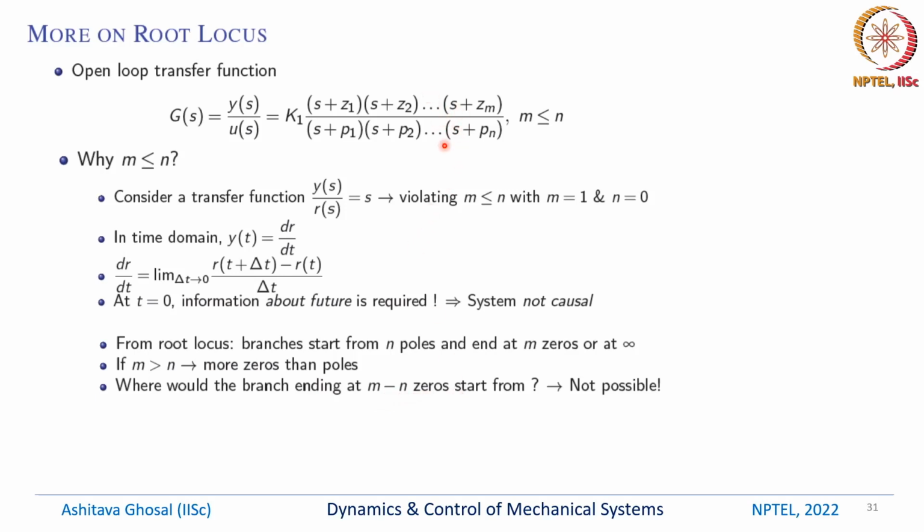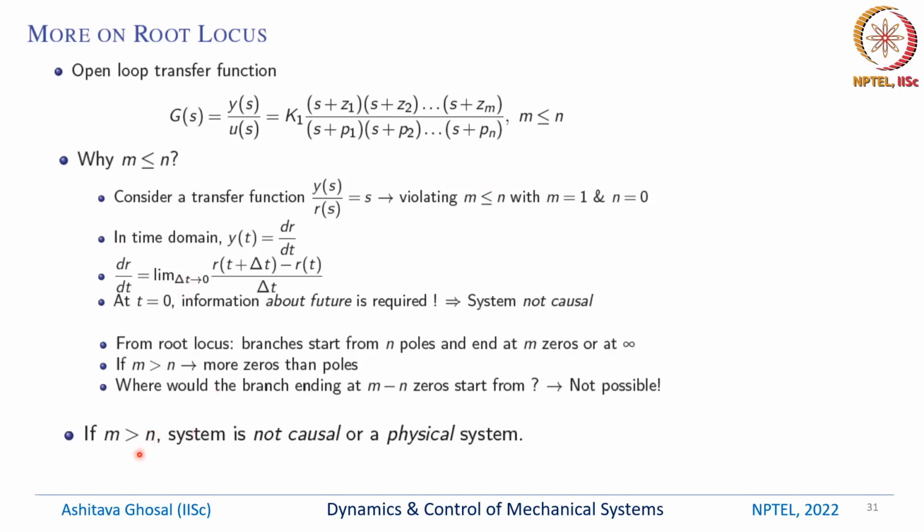Suppose you have 3 poles and 2 zeros. The two poles will end at the two zeros. So there is still one extra zero. Which branch will end at that zero? There is no other branch which will end at the third zero, so that is not possible. So this is another reason why m cannot be more than n. So m must be less than or equal to n.